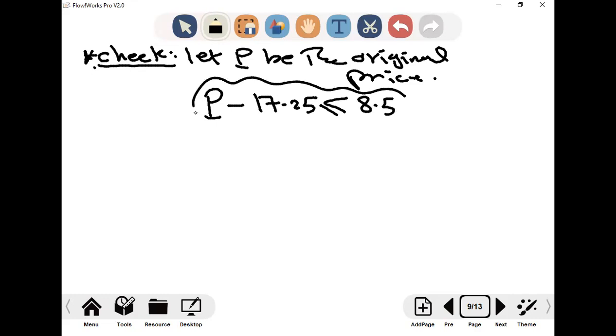This is the inequality. Now we solve it to find the original price possibilities. Yeah. So in part B, what is the solution, right? Now we solve it.